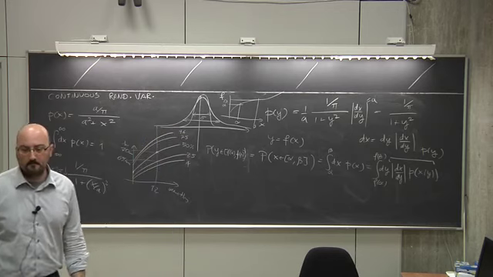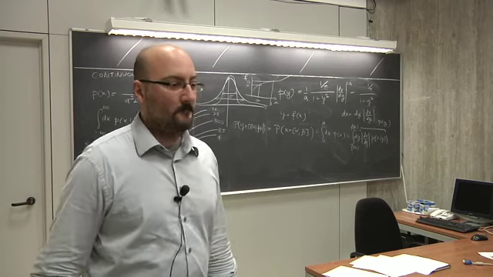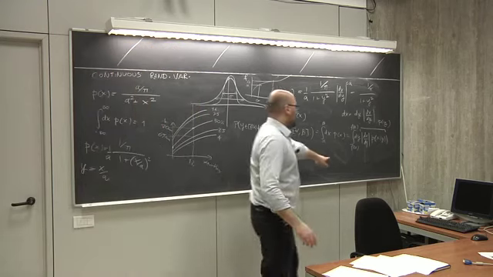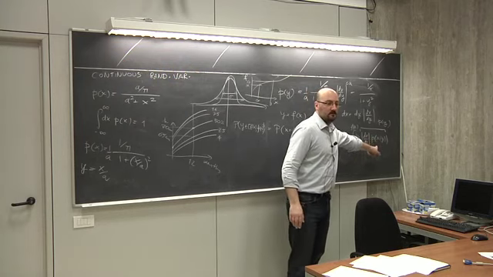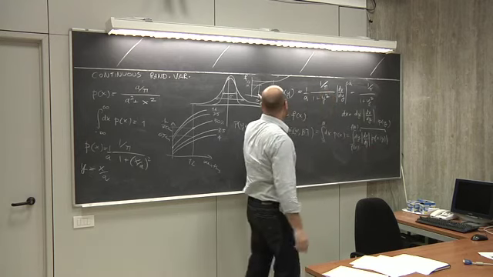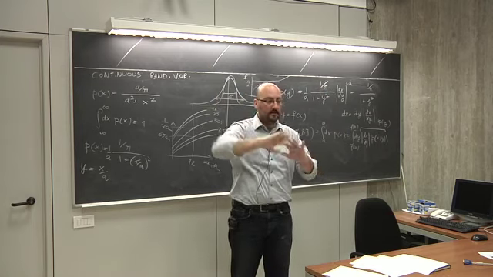Okay. Yes, you have a question. No, the boundary can be negative. The argument can be. The integrand is positive. Okay, let's put it this way. If f is monotonically increasing, then it's okay.